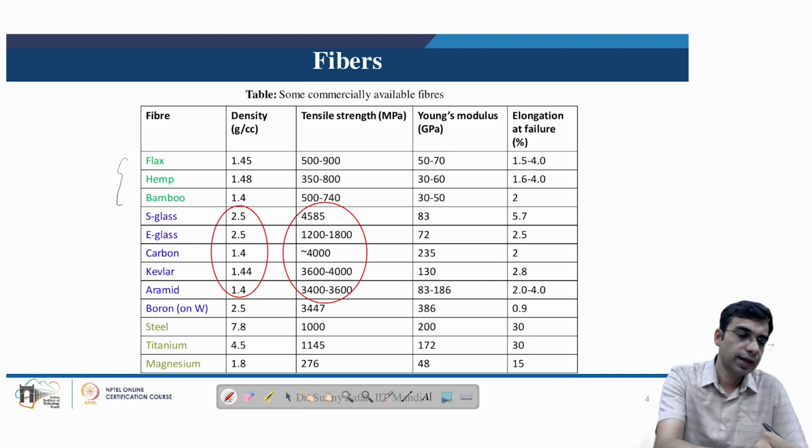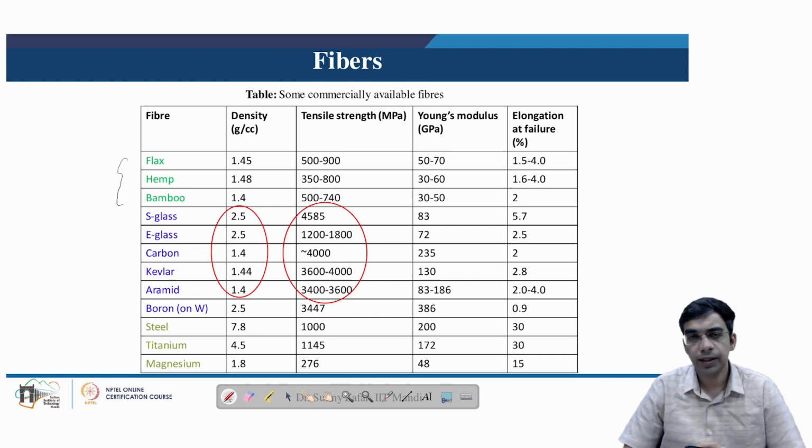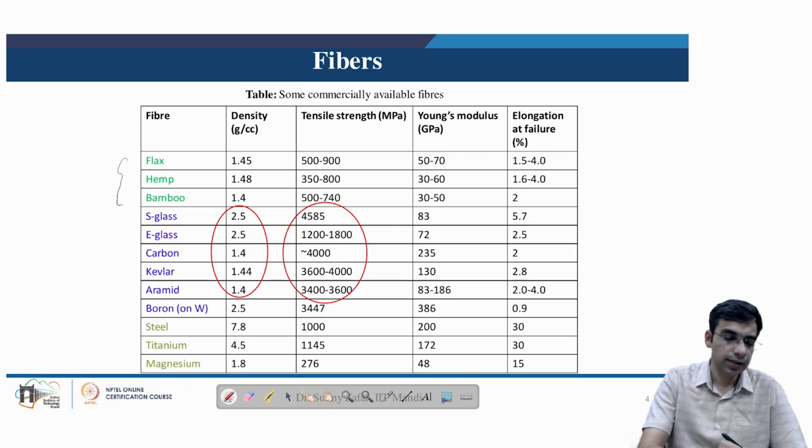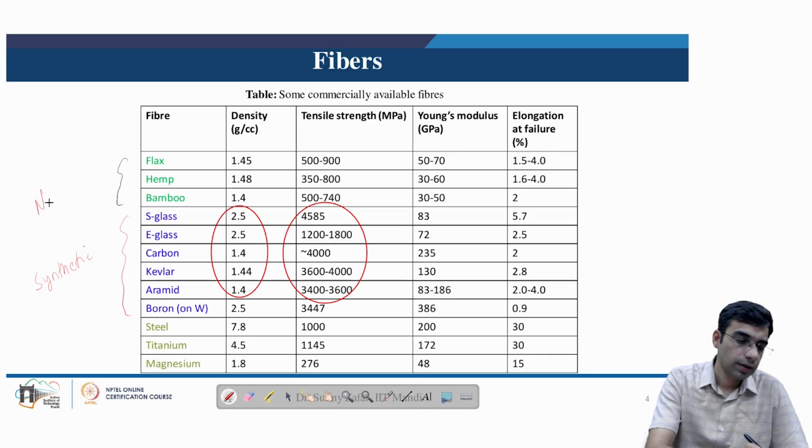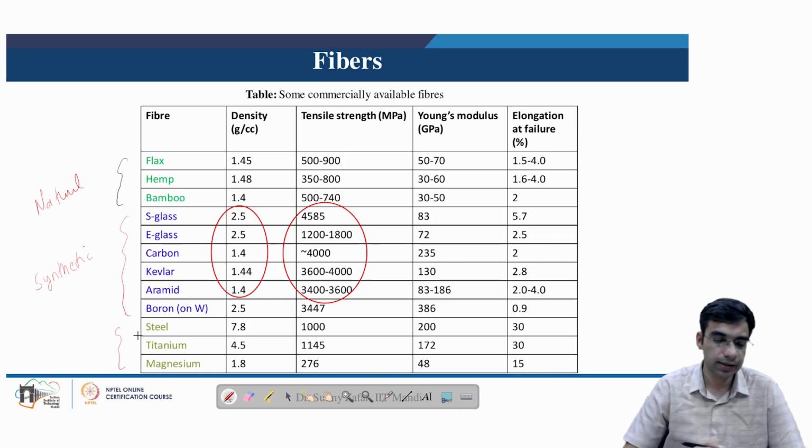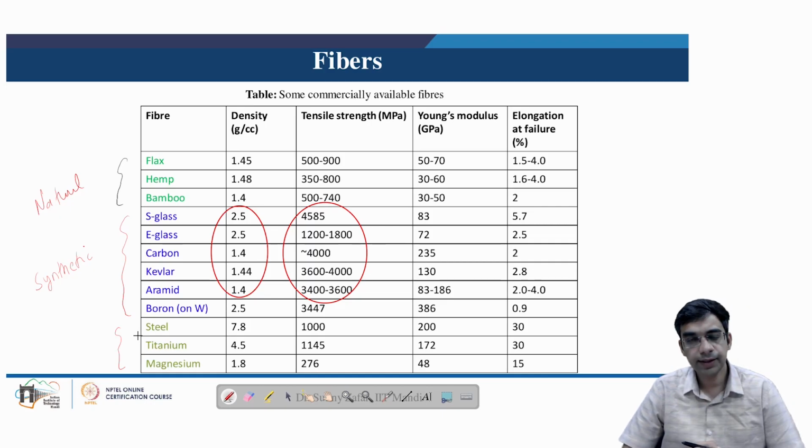So these are derived from plant or animal sources. So primarily here these are plant based fibers which are flax, hemp and bamboo. Then the fibers mentioned in the blue color are basically synthetic fibers, and below we have the monolithic metals which include steels, titanium, magnesium.